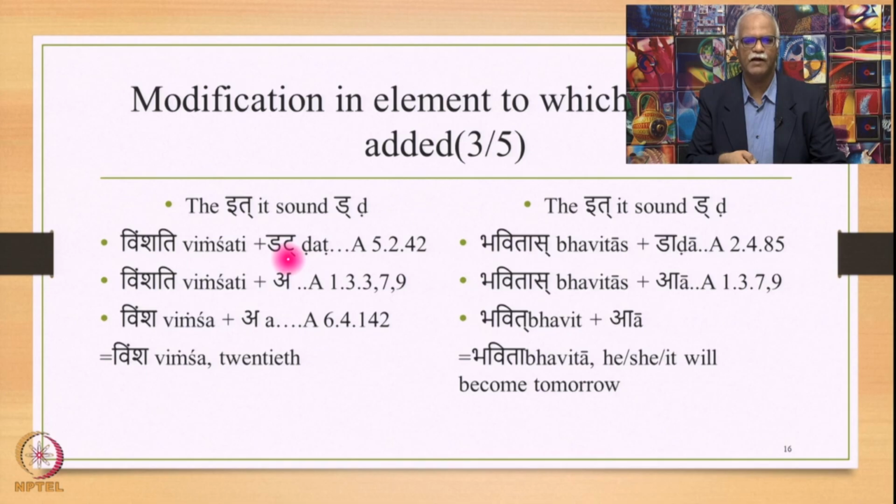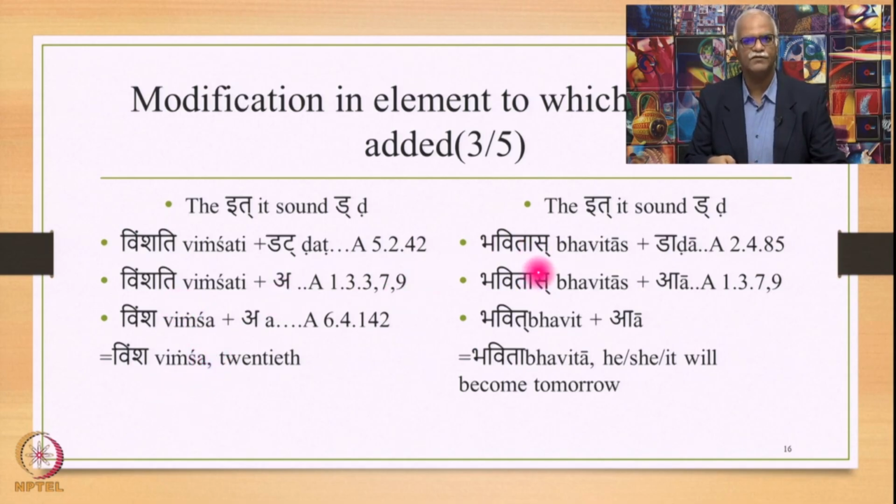They both get deleted by 1.3.9 tasya lopaḥ, and so we get vimshati plus a. Now 6.4.142 comes in and says that delete this ti if this suffix is ḍit. It is ḍit. So therefore we delete this ti and we get the form vimsha.